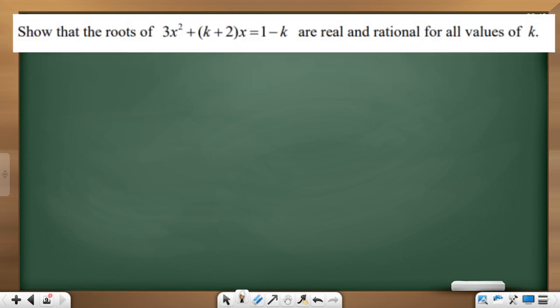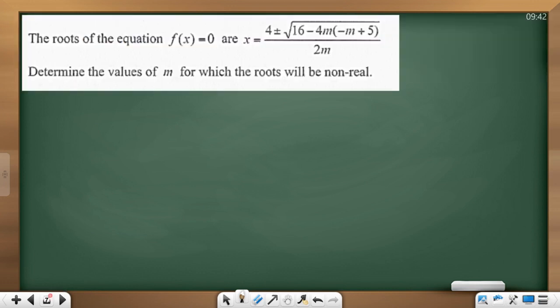Let's see. I'm not going to do all of this though. Let's say this one would be non-real. This is similar to what we did earlier on. I'm just going to explain what you're supposed to do there, and then you can try it later. Determine the values of m for which the roots would be unreal.